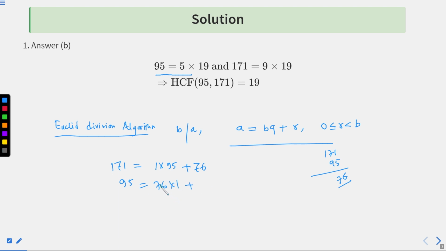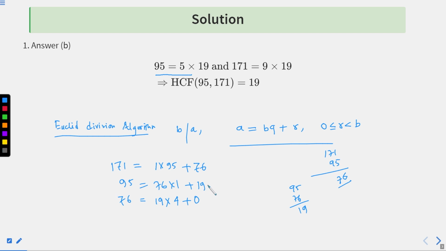The remainder is 95 minus 76, that is 19, and then 76 can be written as 19 into 4, plus 0, the remainder is 0.